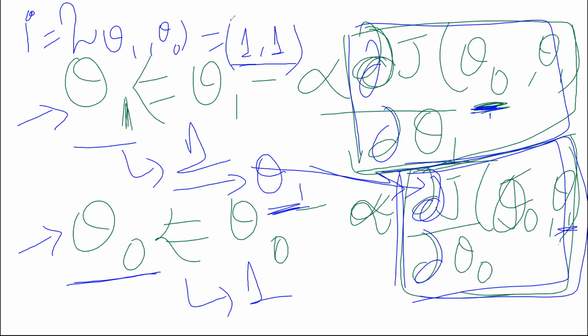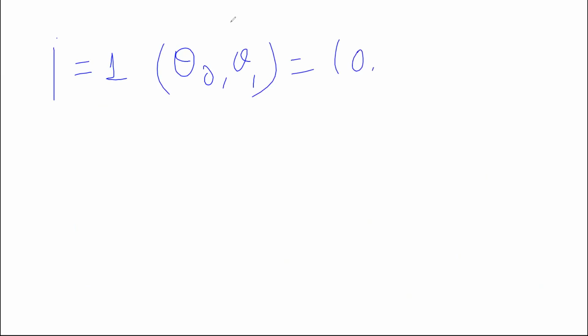Wait, I will clear this a little. See, at i equal to 1, you have theta naught and theta 1 as 0, 0.